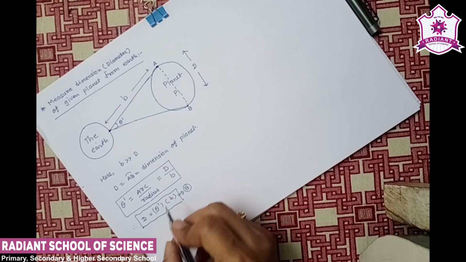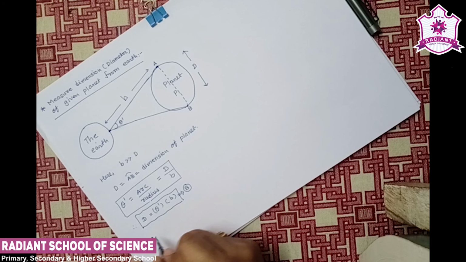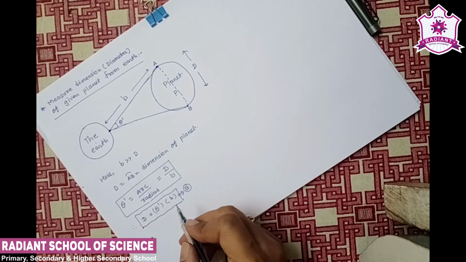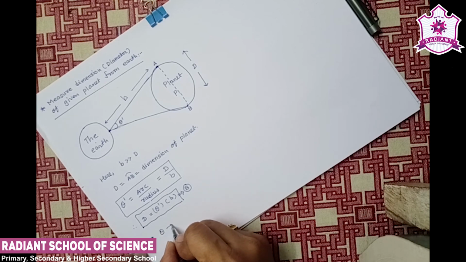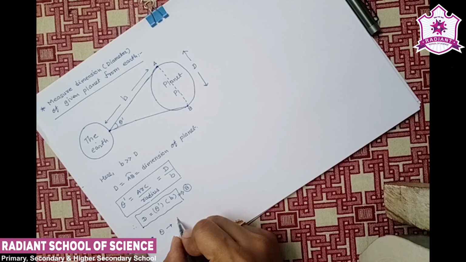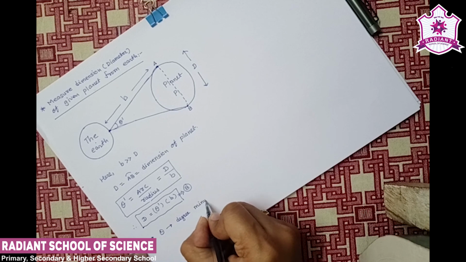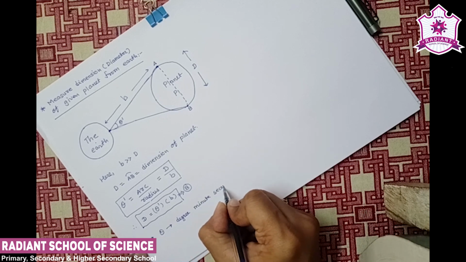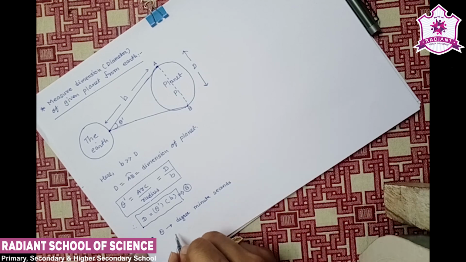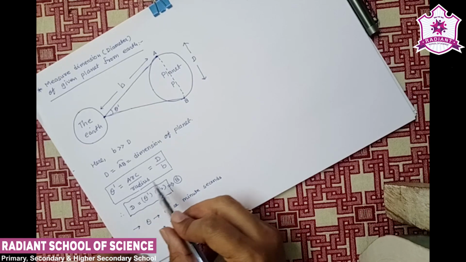Generally these angles are given in degree, minute and second, so we have to convert them into radian, and then we find the distance.